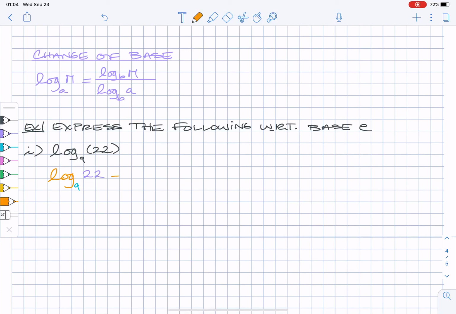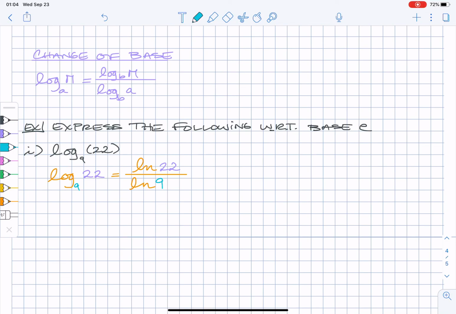I want to express this with respect to base e. Well, base e in a logarithm is natural log. So I claim this will be natural log in the top and natural log in the bottom. And since m is still over a, it'll be natural log of the argument 22 divided by natural log of the previous base 9.